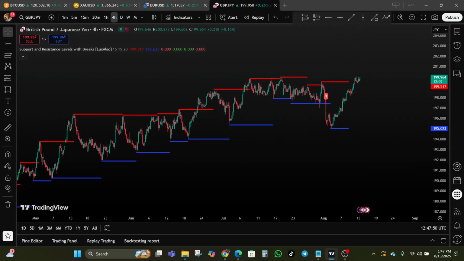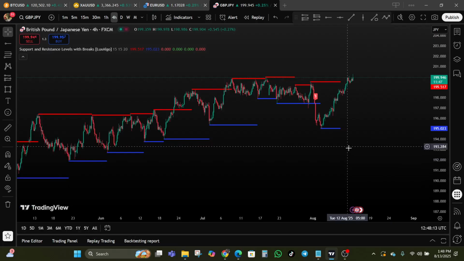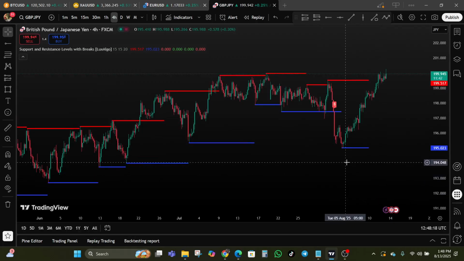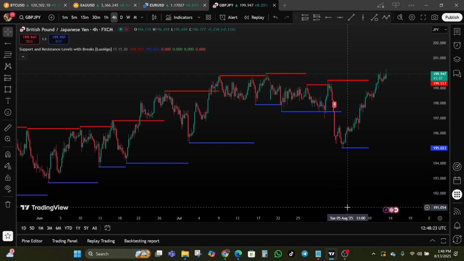If you have been looking for a way to identify key market levels without drawing dozens of manual lines, then this video is for you. Now, the Lux Algo support and resistance indicator is designed to automatically map out the most significant price levels on your chart. That is the duty of this indicator.